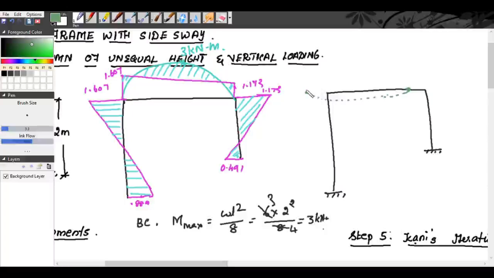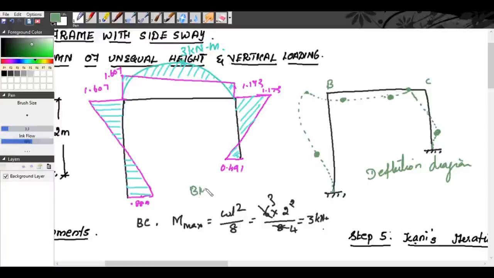The span BC will be deforming like this. So here we will have a point of contraflexion at this point and another point of contraflexion at this point. Here the deflection is like this. At almost this point we have a point of contraflexion, and here the deflection is like this. So we will have a point of contraflexion at this point. So this is our deflection diagram.